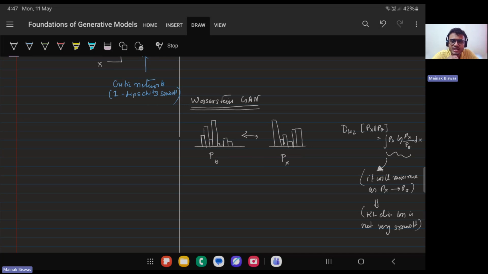Instead, the Wasserstein GAN says that I will use a new way to understand this data. I will try to understand two distributions by seeing the amount of work that I need to do to convert one distribution to the other. So the Wasserstein GAN defines a new metric.